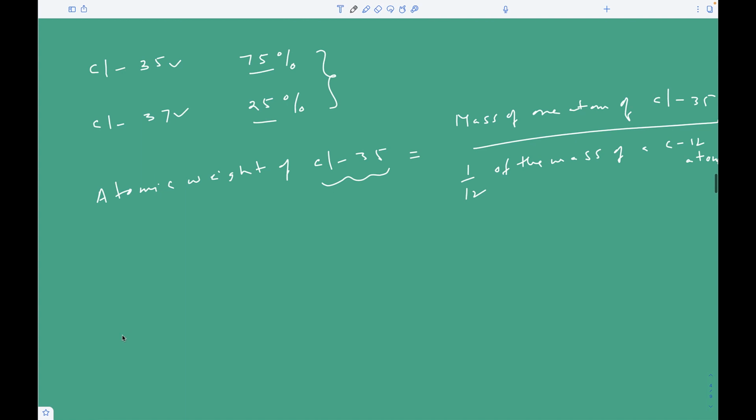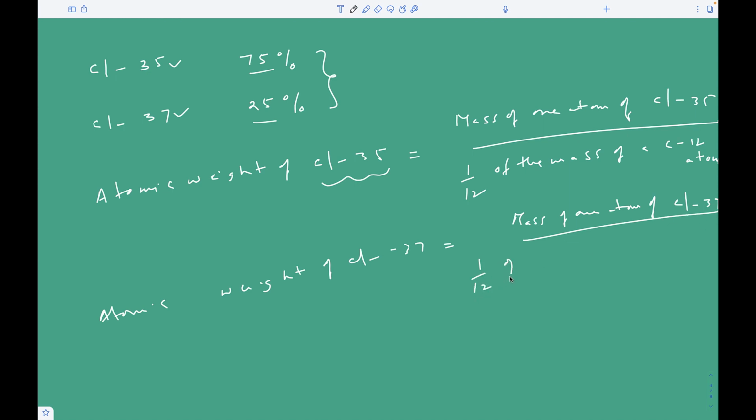Similarly, the atomic weight of chlorine 37 would be mass of one atom of Cl37 over again our reference, that is 1/12 of the mass of one C12 atom.